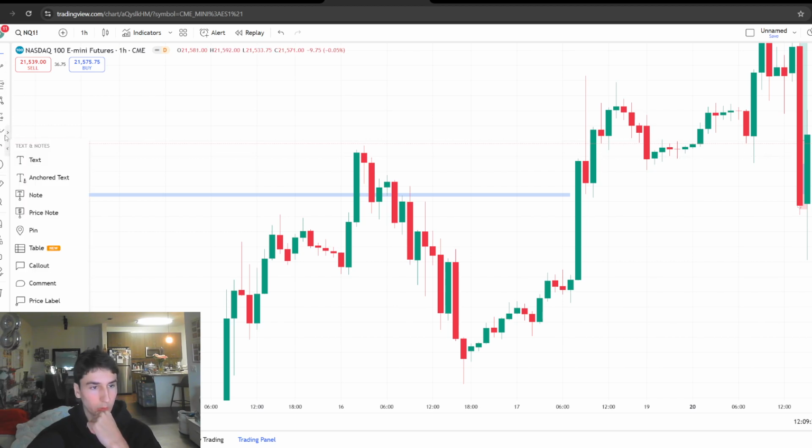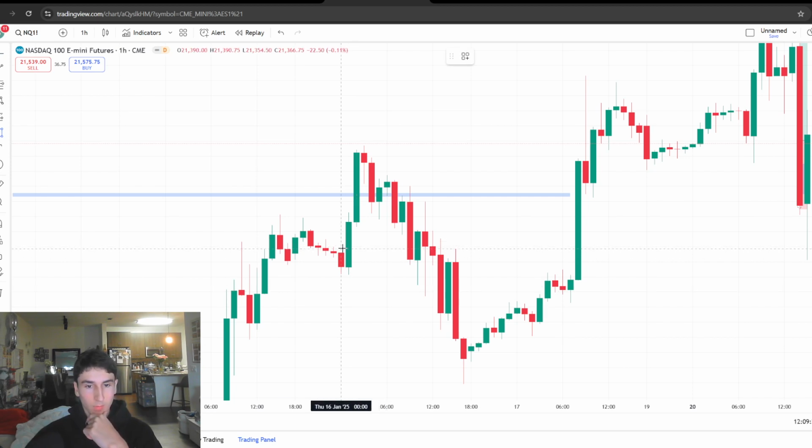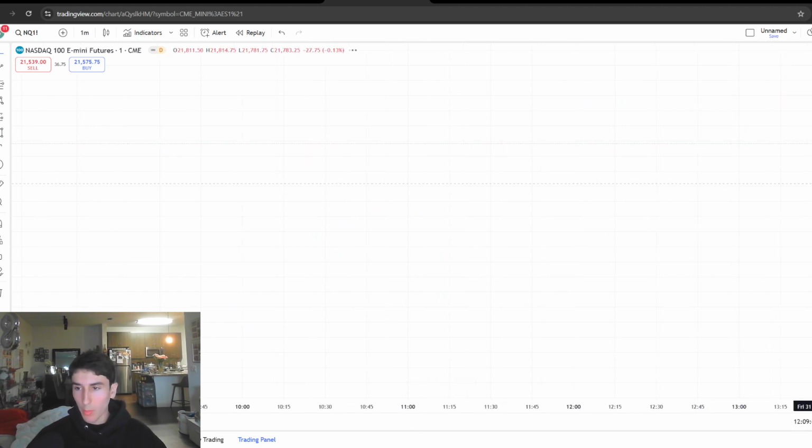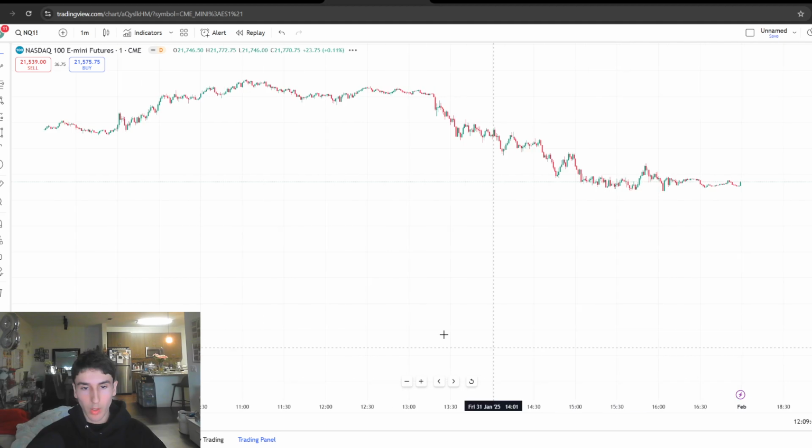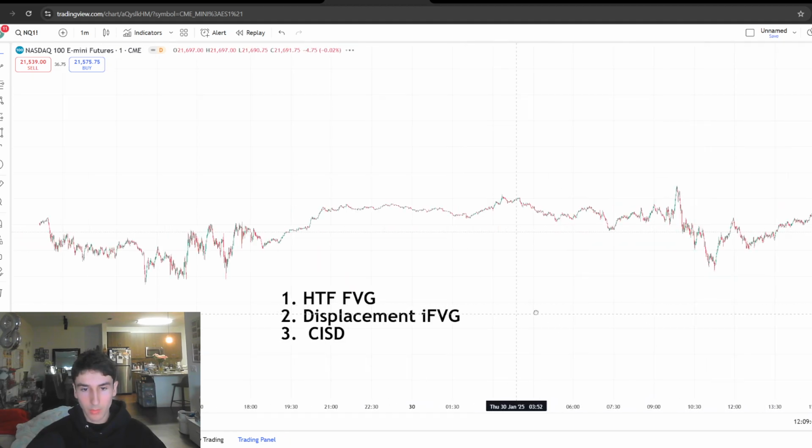Boom, right here. Let me draw it out. We got this gap right here. We finally closed below it. Let's see what it looks like on the smaller time frame. There's a random example. Let's see if we can break this down.